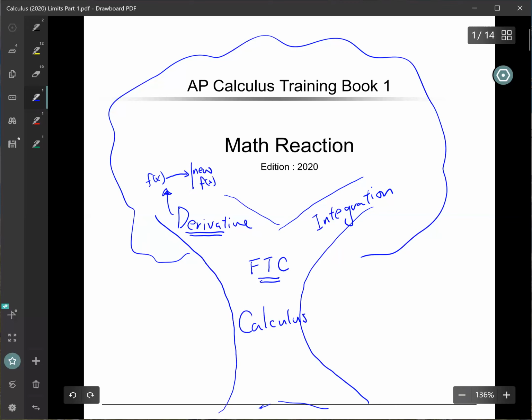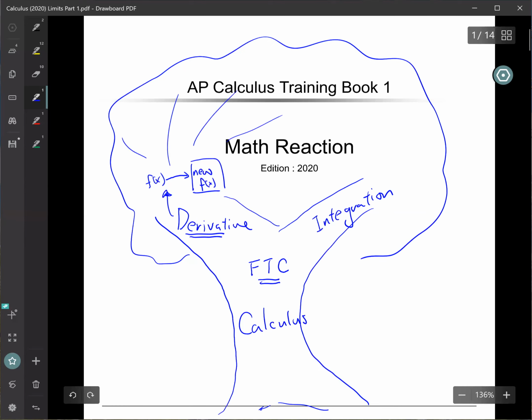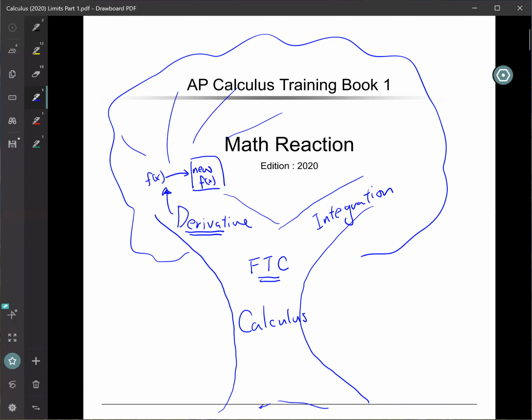So this new function is called a derivative, right? Because we found it from an old one, okay? And then we're gonna use that derivative, the new function, as a tool to find a lot of stuff. It has a lot of applications, and you get a bunch of questions coming out from it, okay? So one central idea from the derivative is called the slope of tangent.